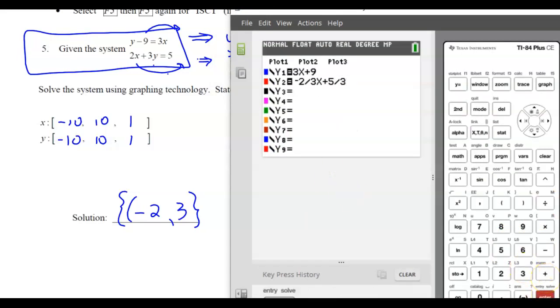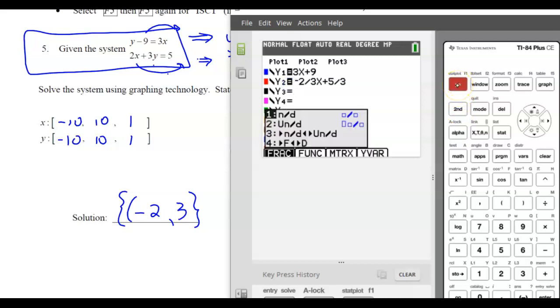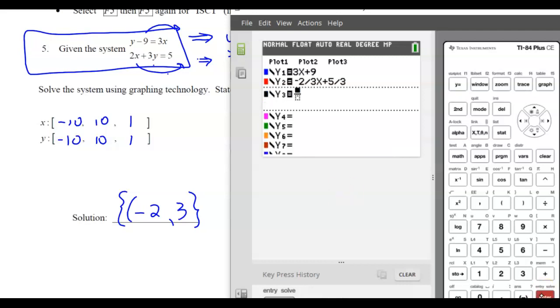On a TI, it's not going to convert it to fraction form, but if you wanted instead to go alpha y equals, these are for the newer versions of the TIs, enter on 1, then it's going to put it in fraction form. So you could put the negative 2 up top over 3, cursor out, just a sec.